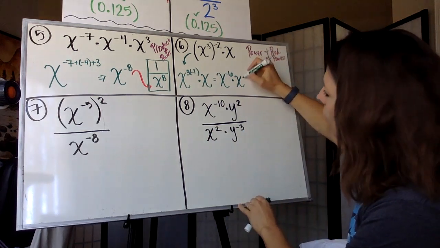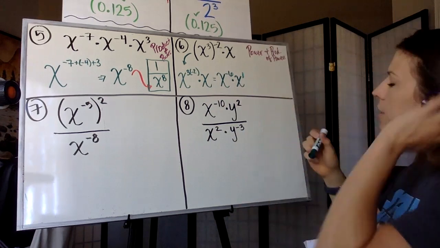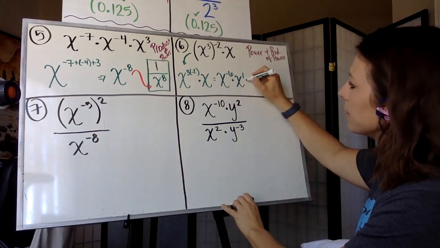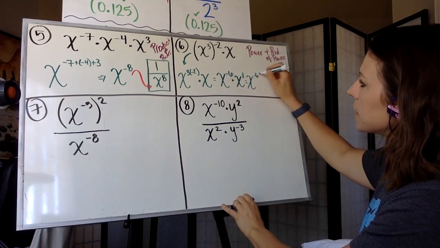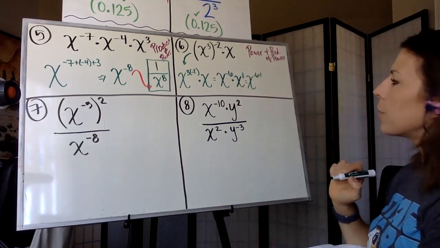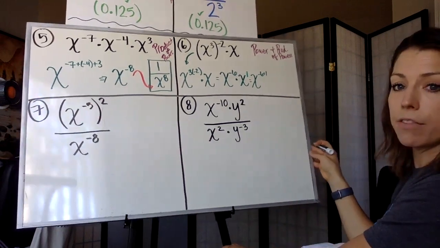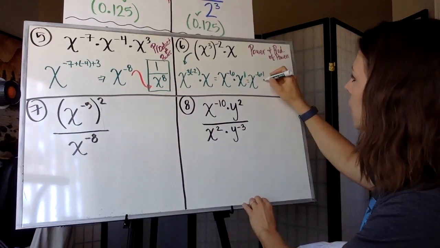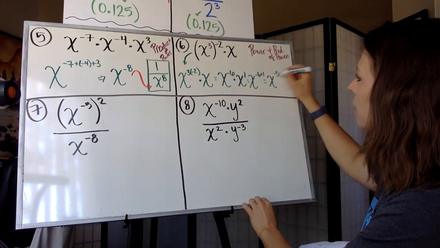It's a hidden 1, right? There's just one factor of x. So now I'm going to add these together. So that would be x to the -6 plus 1, right? What's -6 plus 1? -6 plus 1 is -5. I'm trying to get you to see that. So this is x to the -5.